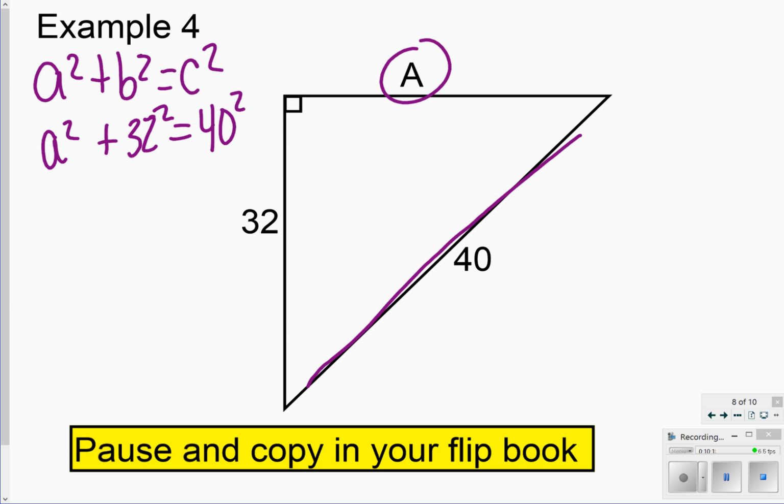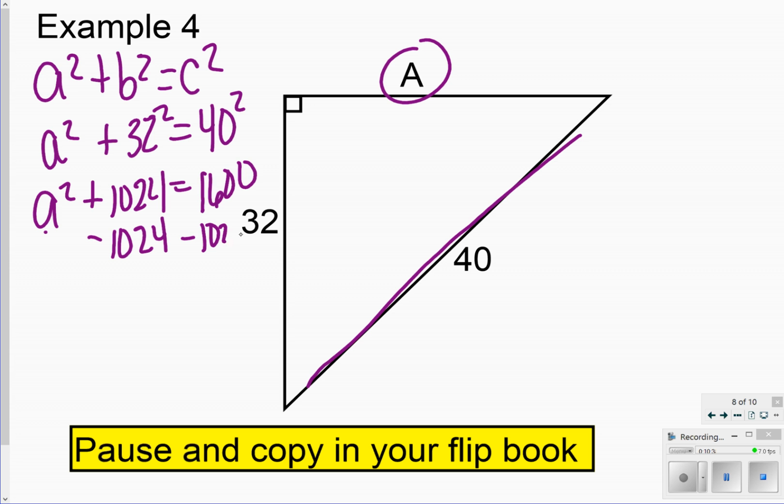With your calculator, you're going to determine that 32 squared is 1024, so a squared plus 1024 is equal to 1600. We're going to solve for a, so we subtract 1024 from both sides.